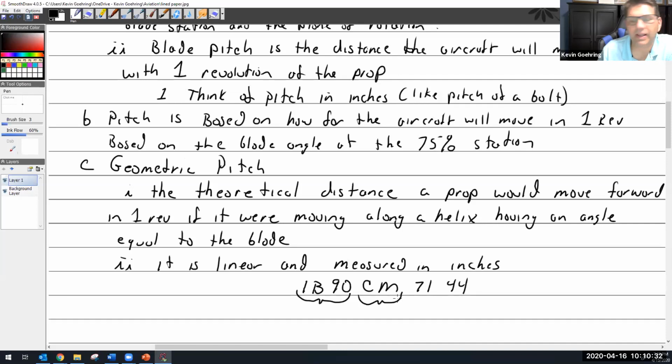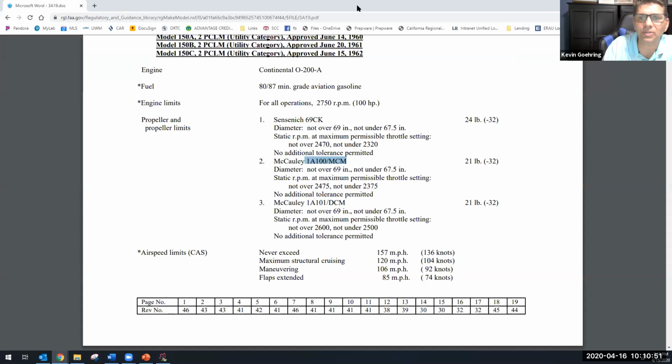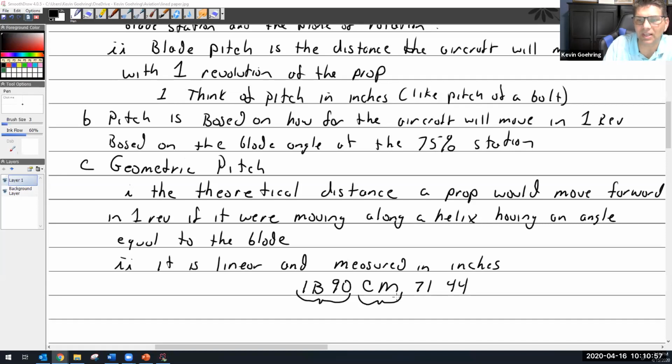I don't even know what this one's for, probably a 172 or something. If I look back at my type certificate data sheet, which I still have up, they have the 1A100 CM. It's a partial part number, and here I have a 1B90 CM.